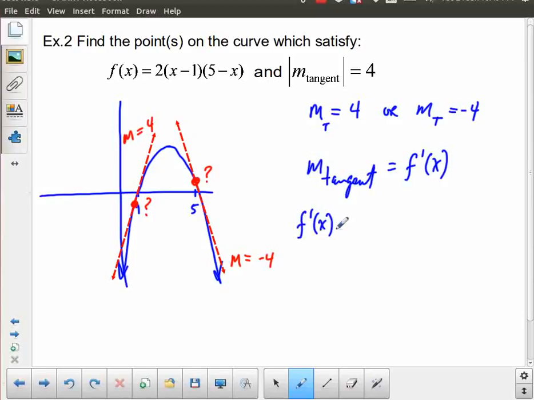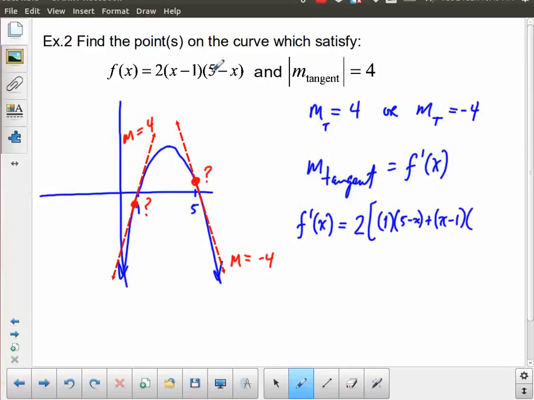So I'm going to go ahead and take the derivative of the function first of all. So f prime of x is equal to, now I've got a constant in front, and so that constant can just stay there. And then I can apply my product rule. So it's going to be the derivative of the first, which is simply 1, times the second, which is 5 minus x, plus the first, which is x minus 1, times the derivative of the second.